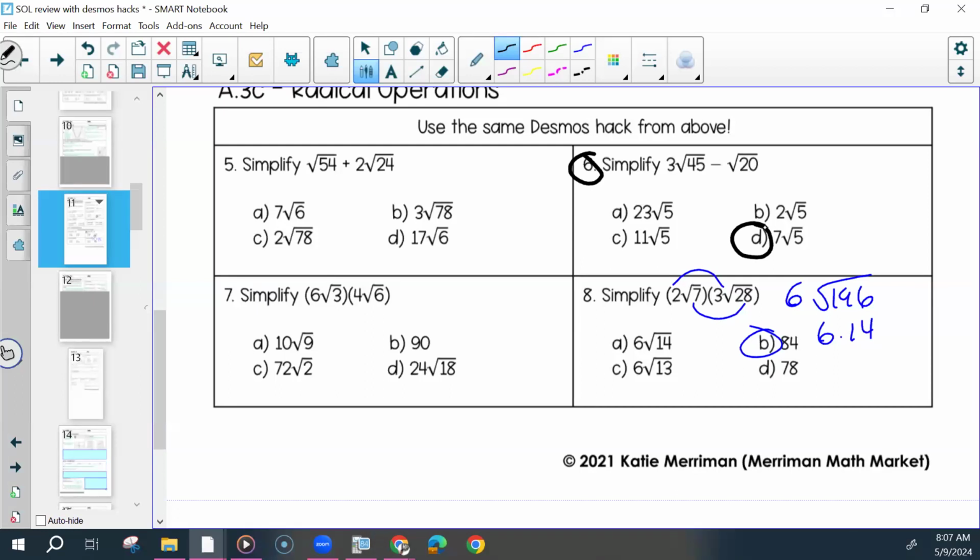Oh, no. The quadratics. 8.4b quadratics.